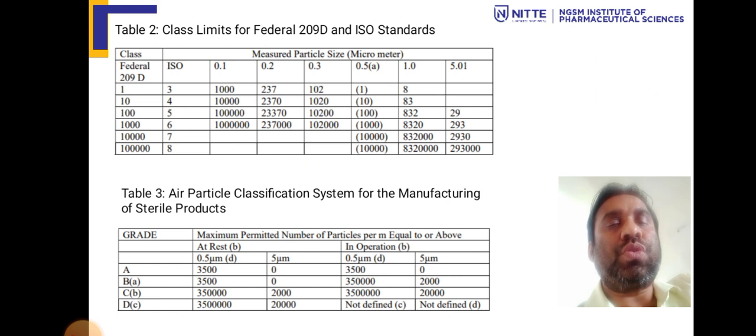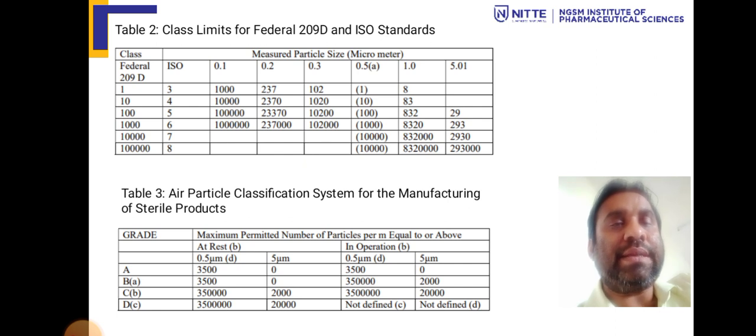So as we go to class 10, Federal 209D class 10 and ISO standard 4 consists of 10,000 particles, and the measured particle size of 0.2 microns will be 2370. So it increases 10 times from class 1 and ISO 3 when it comes to ISO 4.